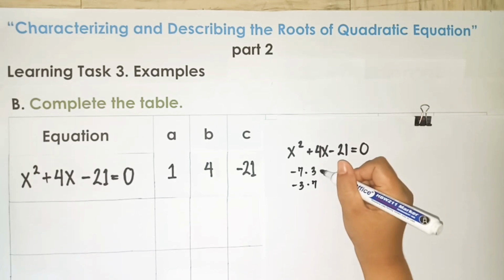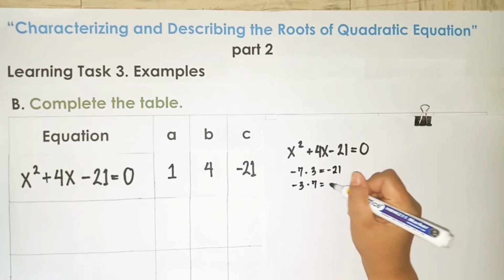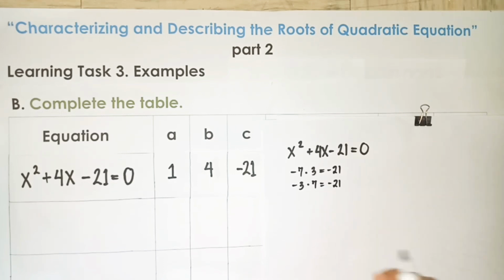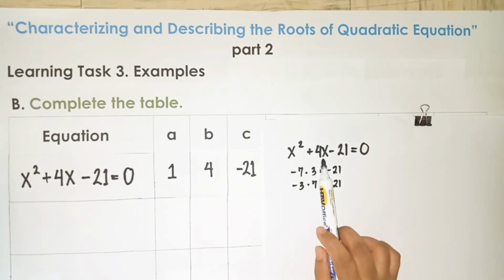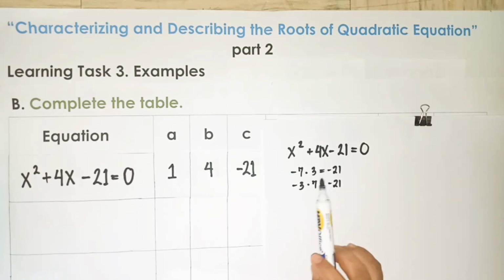Still, the answer is negative 21. But we still need to choose which of the two sets of factors have the sum of positive 4. Yung pag pinag-plus mo, ang magiging sagot ay positive 4.